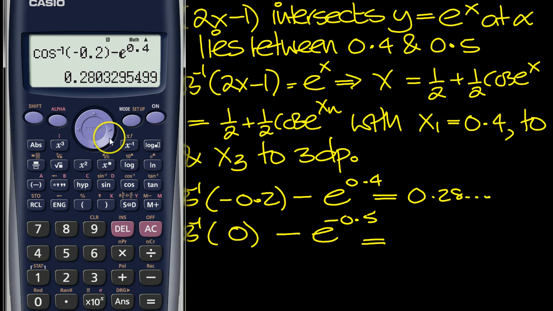So put in 0 for the cos, and put in minus e to the x, isn't it? So that would be minus 0.5 here. So 0.5, and that's minus 0.07.